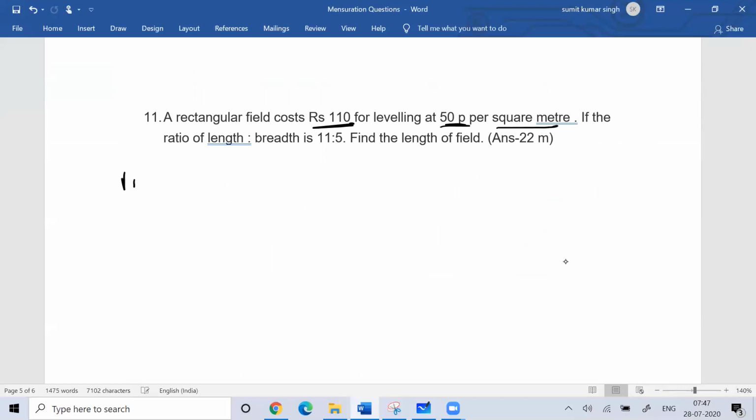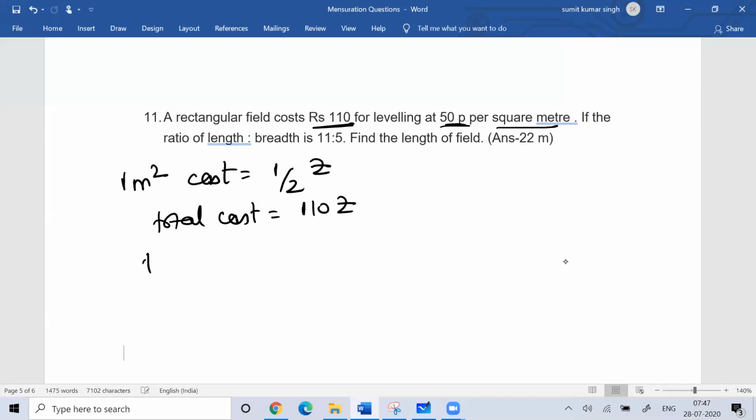For 1 square meter, the cost is 50 paisa or 1 by 2 rupees, and then they pay total 110 rupees. So the total cost they paid is 110 rupees. So with this you can get the area. So the total area would be 220 meters square.